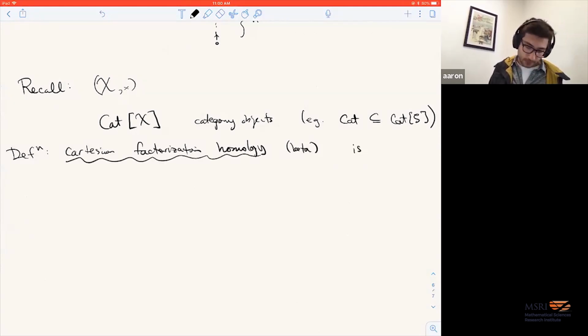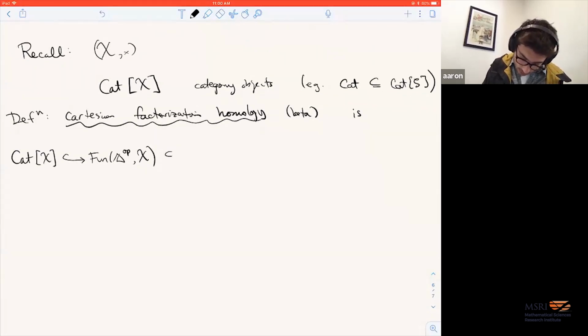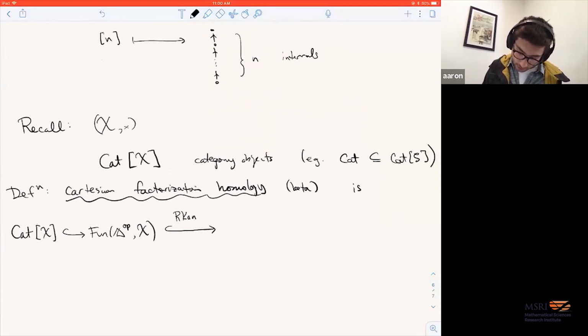is the following composite. So you take your category object, for instance, an ordinary Infinity category. So first of all, just consider it as a simplicial object. And now, first, you can take the right Kan extension along that cellular realization functor.